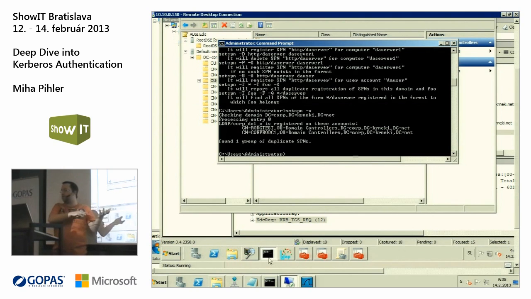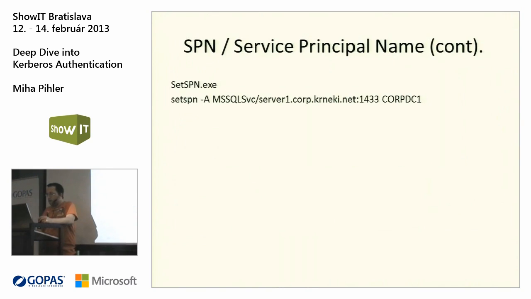If that's, let's say, the old server or the new server, I just go and remove it from the old server and keep it on the new one. This is how you can do it with setspn. I'm adding this name, MSSQLSvc/server1.corp.mydomain, and actually I'm adding the port here. In the last part, I'm telling it on which object I want to register this SPN.